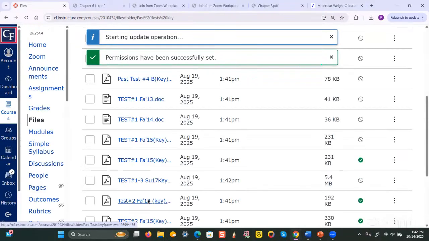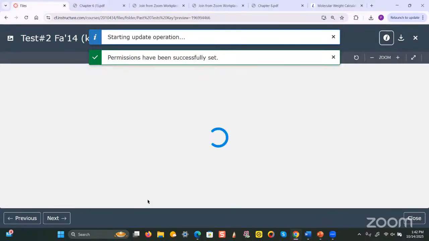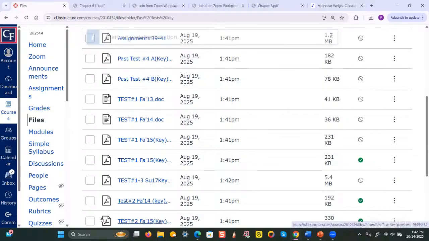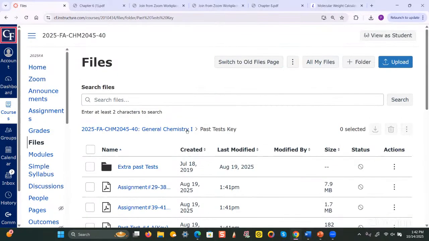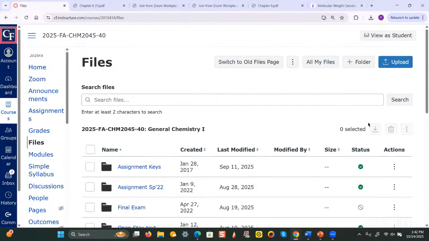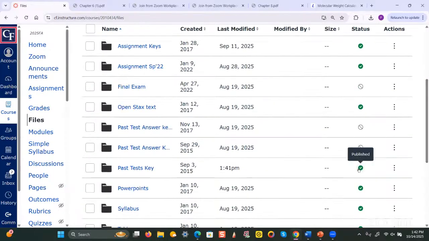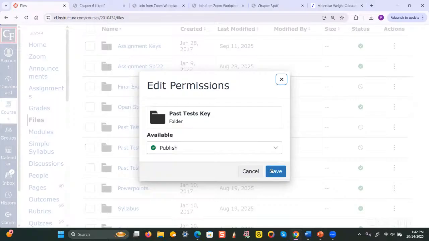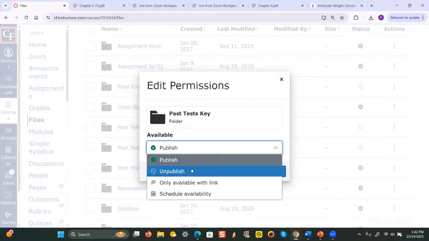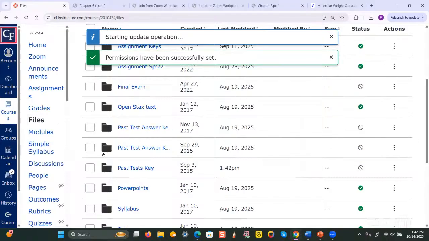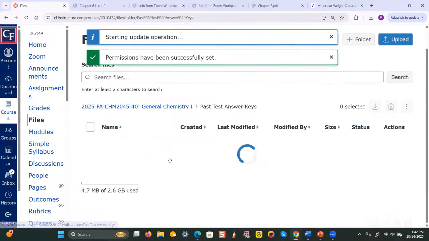Let me see what this says. Hold on, it looks like I accidentally shifted some past tests from general purpose to another folder. So let me unpublish this to avoid confusion, and let me see what this one says before I publish it.